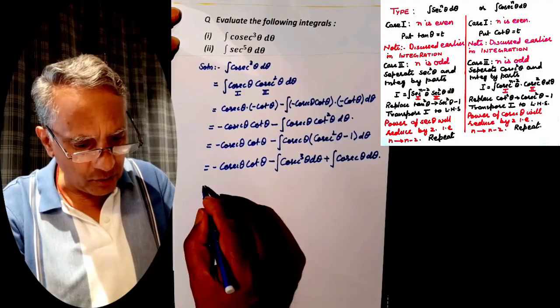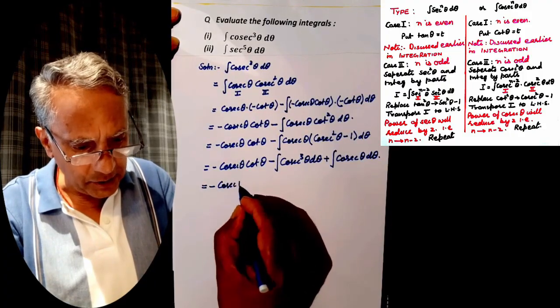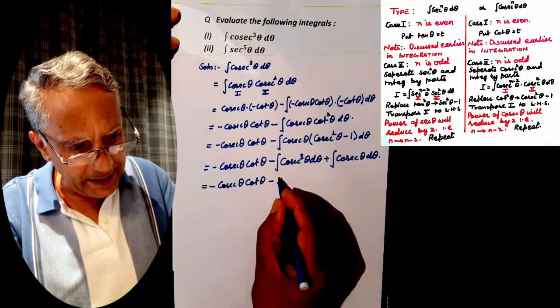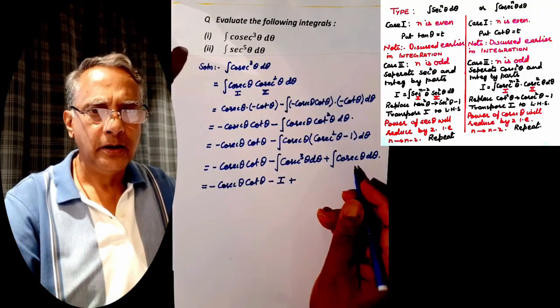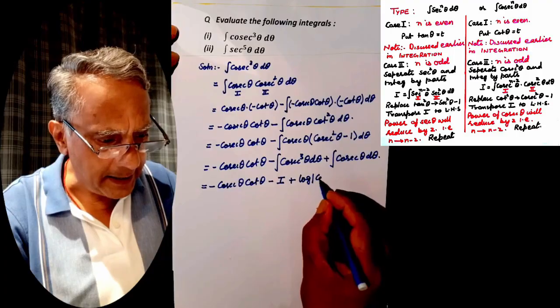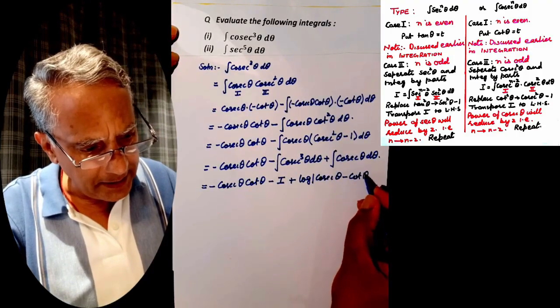So this is equal to minus cosecant theta cotangent theta minus I plus integral of cosecant theta. Integration of cosecant theta is log of cosecant theta minus cotangent theta.